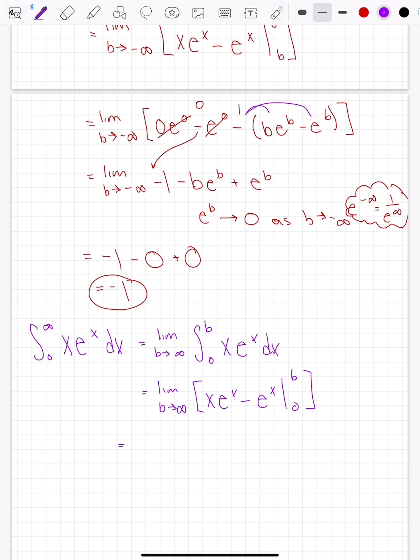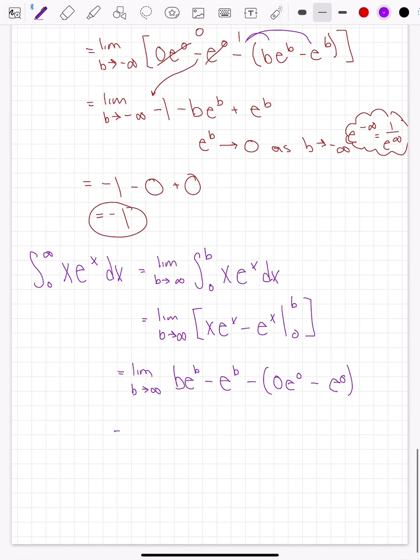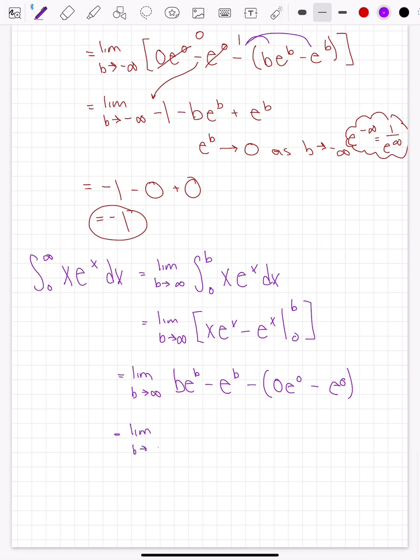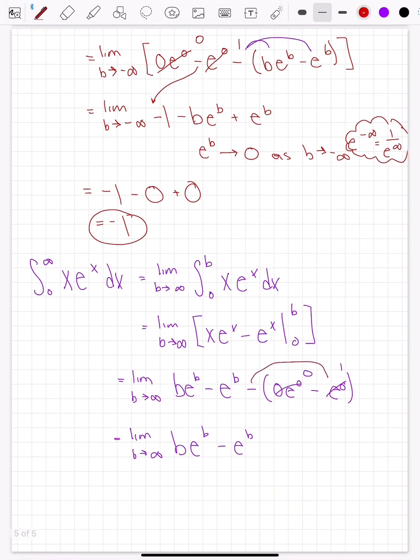So we do the limit as b approaches infinity, and we plug in b, and then we plug in 0. This simplifies a little bit. We have b e to the b minus e to the b, and then this is just 0, and then this is 1. But when we distribute this negative sign, that becomes positive 1.